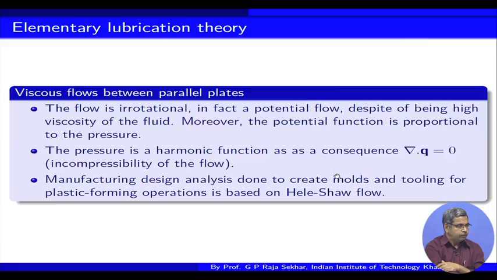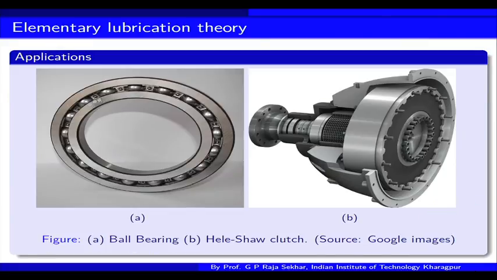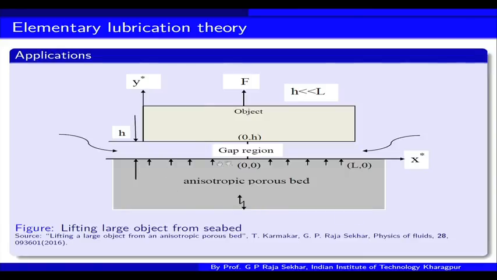These are typically used in various rotating equipment, in motor vehicles and bicycles, etc. There the lubrication approximation will be used. You can see that compared to the length scales, the width is very small, so one has to go for lubrication approximation.